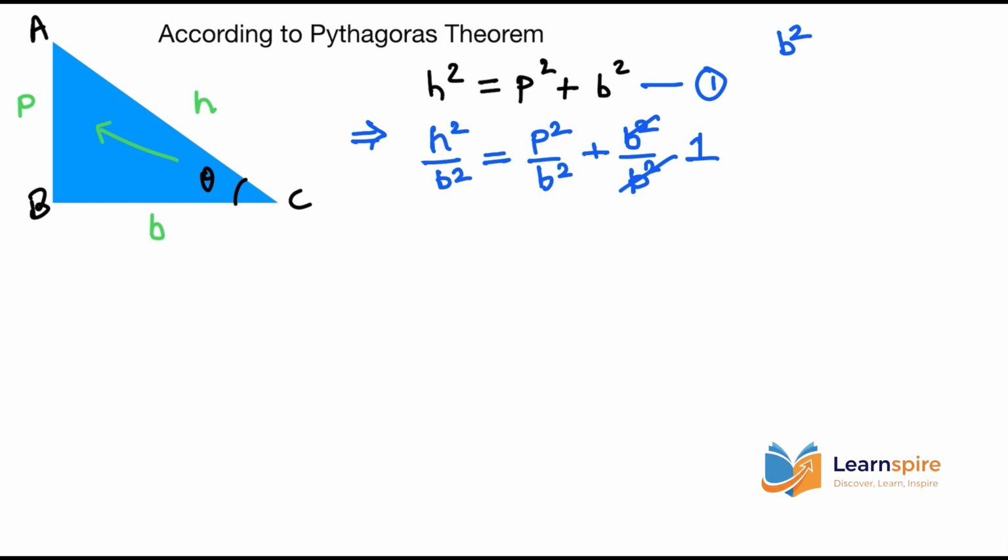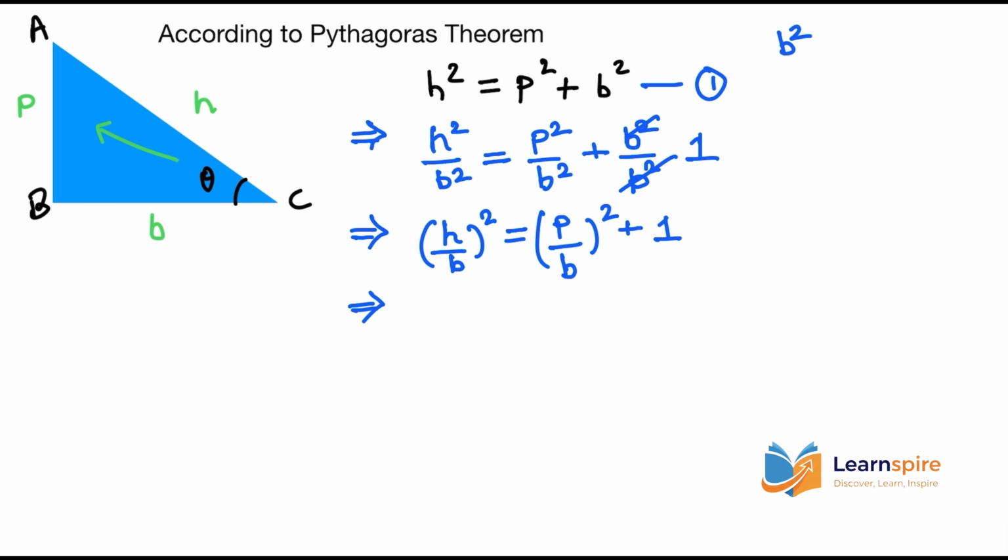This will become 1, and we will have h upon b whole square equals to p upon b whole square plus 1.